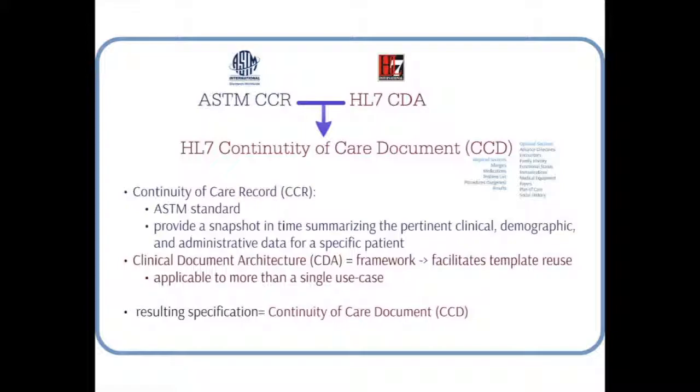It was a snapshot perspective for a patient, identifying the pertinent clinical, demographic, and administrative data. They wanted something that focused on transitions of care, and they said, hey, when this patient is being discharged or is going from one step to the next, what are some of the essential elements that we would like to know?